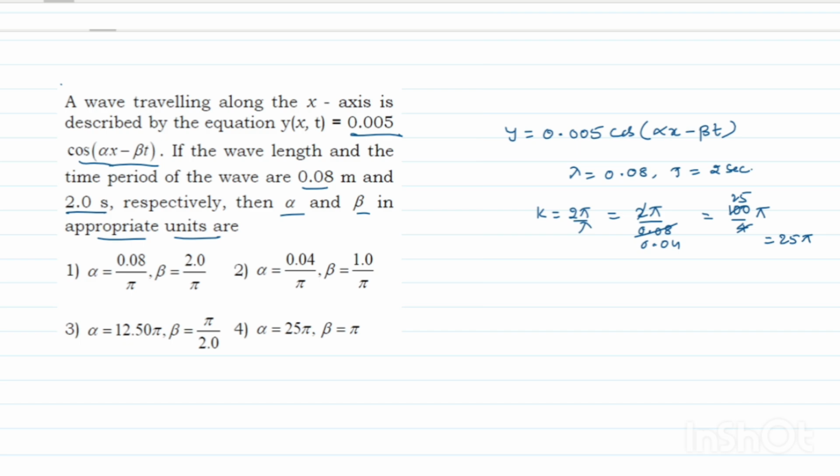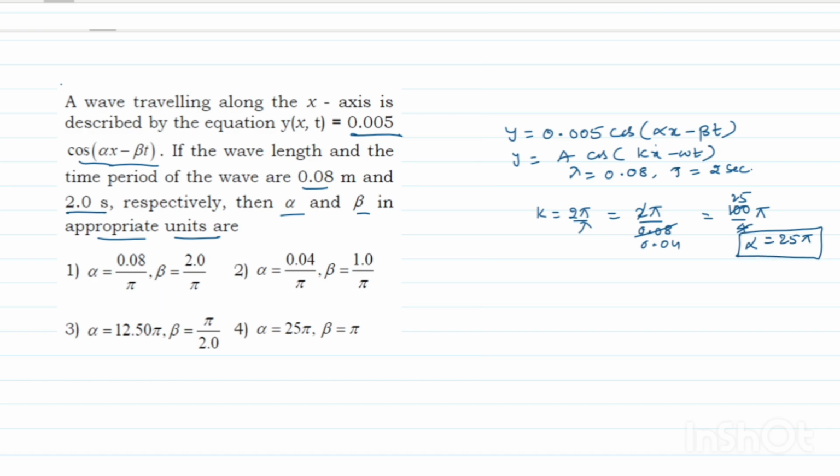So instead of k, it's given as alpha in y equals cos of kx minus omega t, which will be in this form. So the alpha value will be 25 pi.